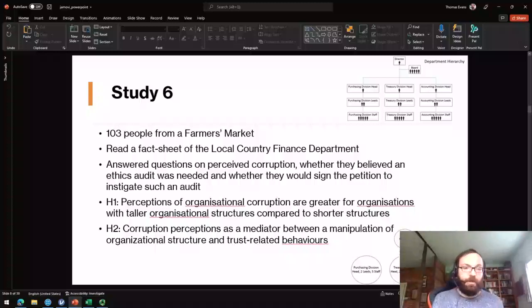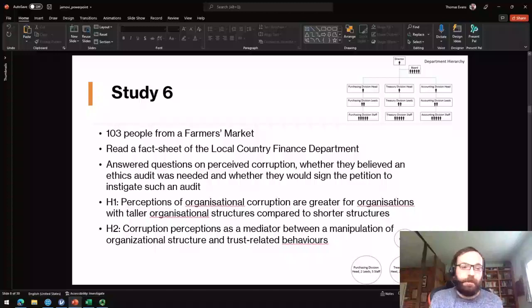That is, you have a taller hierarchical structure that leads people to think that it's more corrupt. If people think it's more corrupt, they're more likely to then sign the petition to say, we're not happy with the ethical standards of the organisation. So that's the proposed hypotheses and approach.